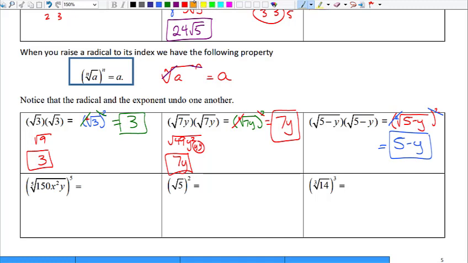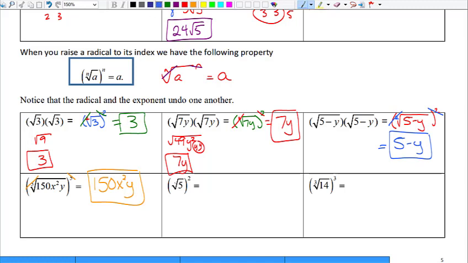Okay, so this one's already written in the form that you want. So this 5 and this 5, the 5 index and the 5 exponent undo each other, and you're just left with the inside, which is a lot of stuff, but it's not even hard because it's just whatever is in the inside, which is 150x squared y.